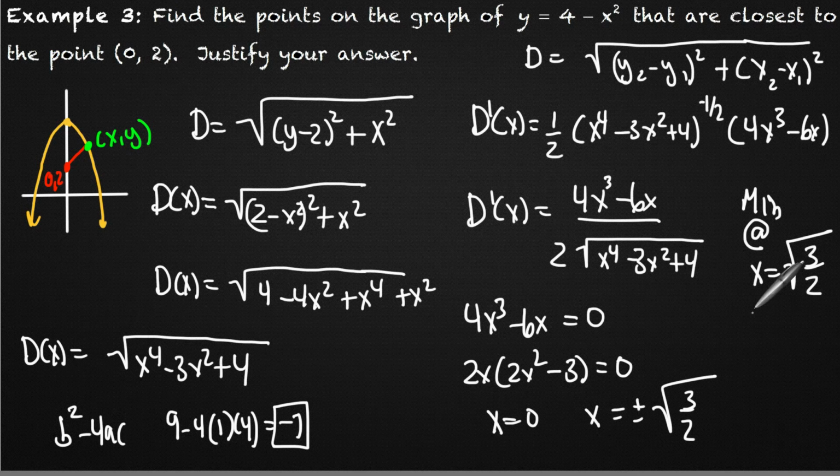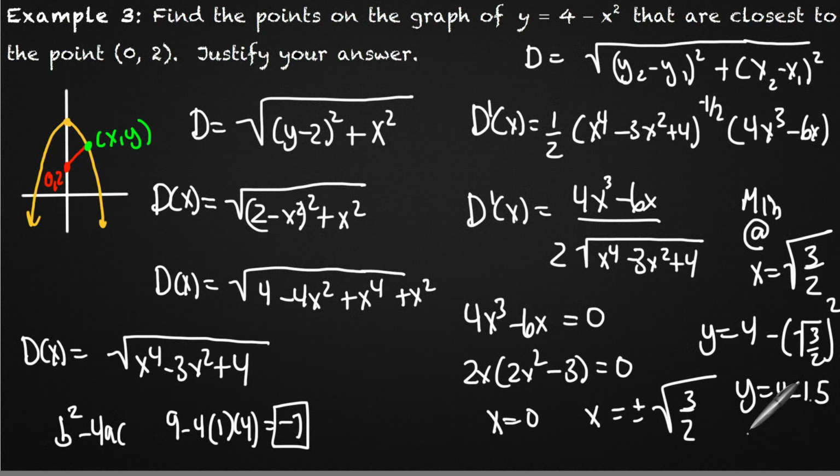So both of those. So we're going to plug it back in, so we're going to get y equals 4 minus this squared. When you square a square root, that just goes away, so you're left with y is equal to 4 minus 3/2, which is 1.5, and that's going to give us 2.5.